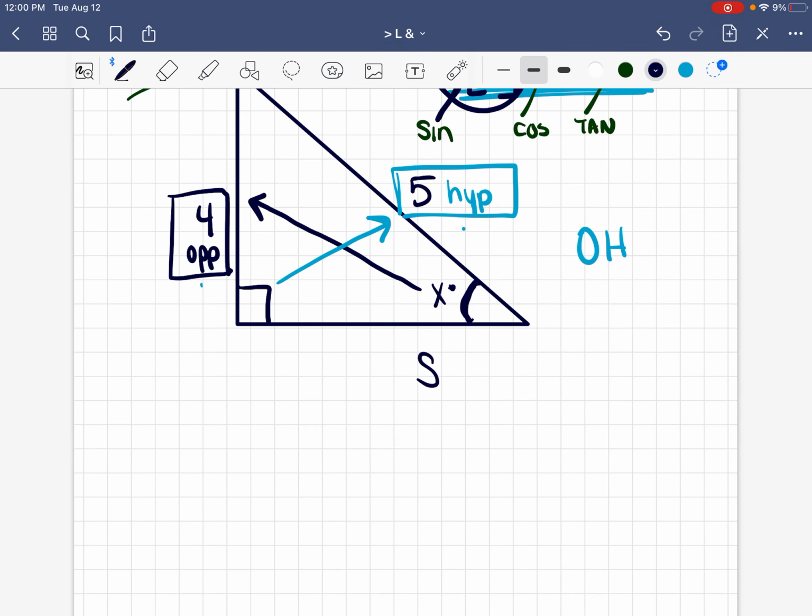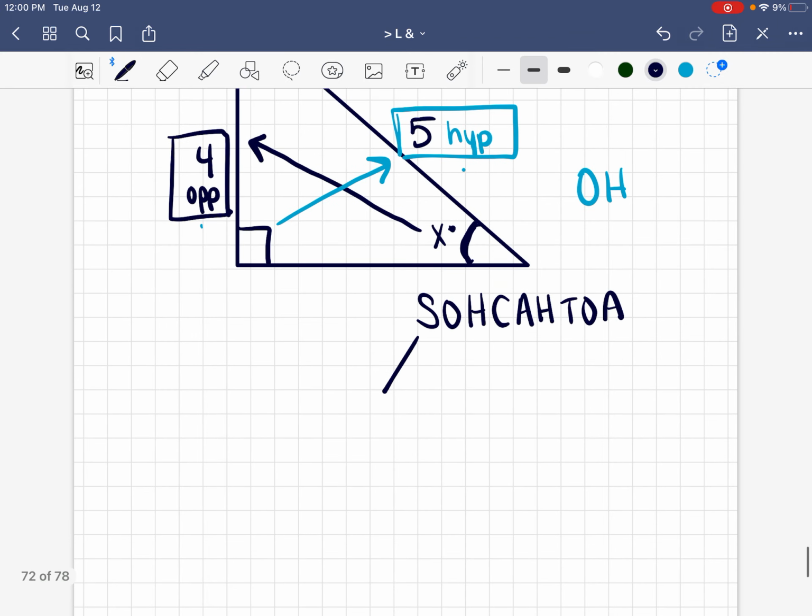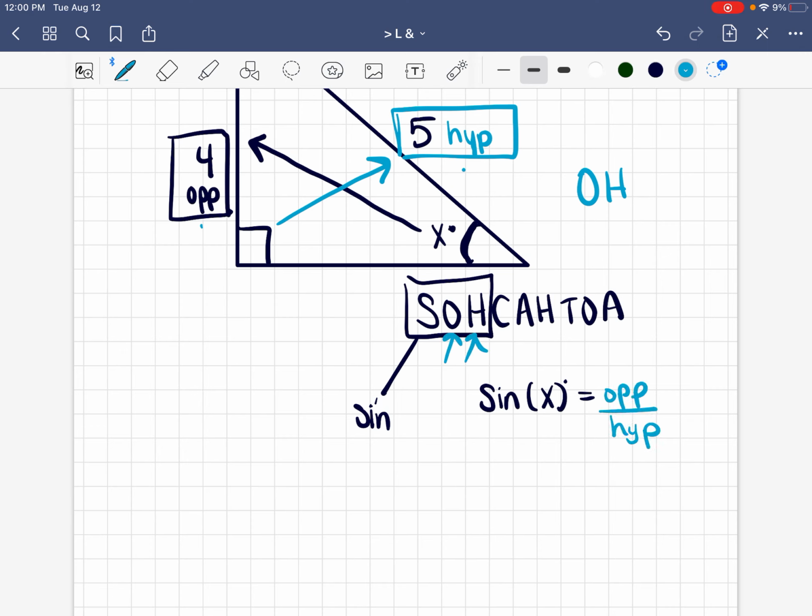So how do we figure out what the equation for sine is? Again, we can use SOHCAHTOA. So we're using sine, so this is the only part we have to focus on. Sine of angle X is going to be equal to, and it's in order, opposite over hypotenuse.